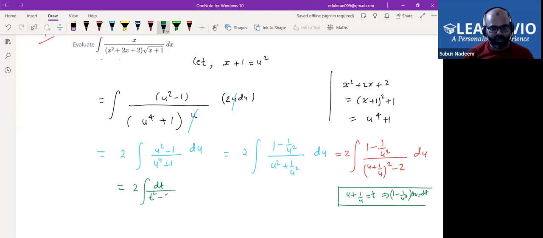So t square minus 2. So this is what we will get. Now this will be 2 times, by the x square minus a square formula, 1 by 2 root 2 log of t minus root 2 by t plus root 2. Okay, so first write till here.